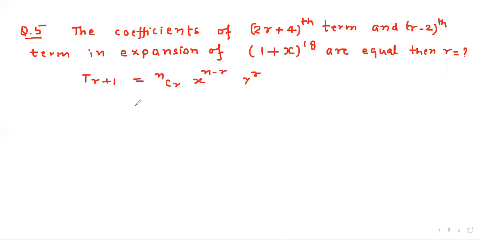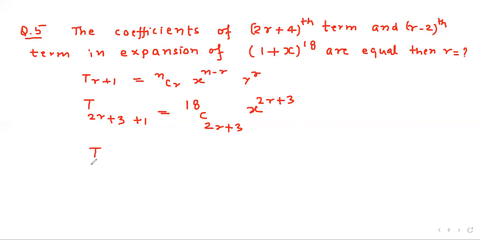Here we have to find the (2r plus 4)th term. So we can write T(2r plus 3 plus 1) equal to, n is in our expression 18, 18C(2r plus 3), and x is 1 and y is x, so x power 2r plus 3. And the (r minus 2)th term.